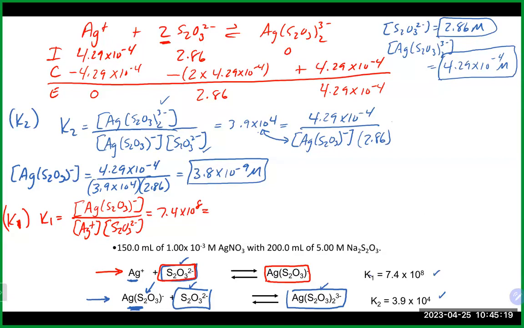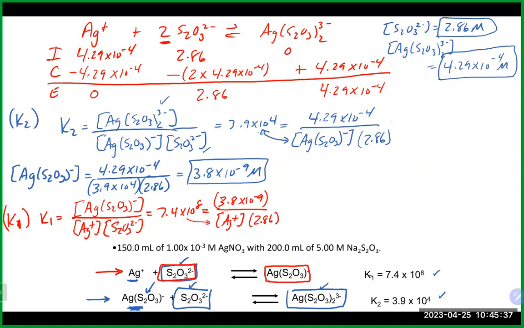Putting our values in, which we just solved for, 3.8 times 10 to the minus 9 divided by our silver concentration, which is what we're looking for, and it is still 2.86 for our S2O3.